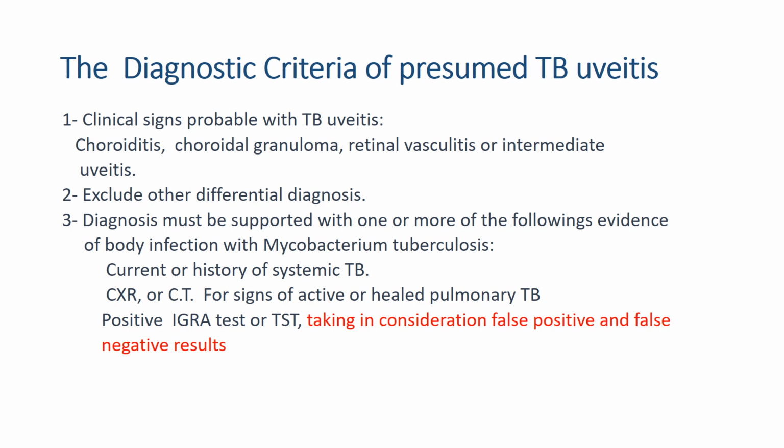Third, the diagnosis must be supported with one or more of the following evidence of body infection with Mycobacterium tuberculosis: current or history of systemic TB with incomplete treatment, chest X-ray or CT for signs of active or healed pulmonary TB, positive IGRA test or tuberculin skin test, taking in consideration false positive and false negative results.